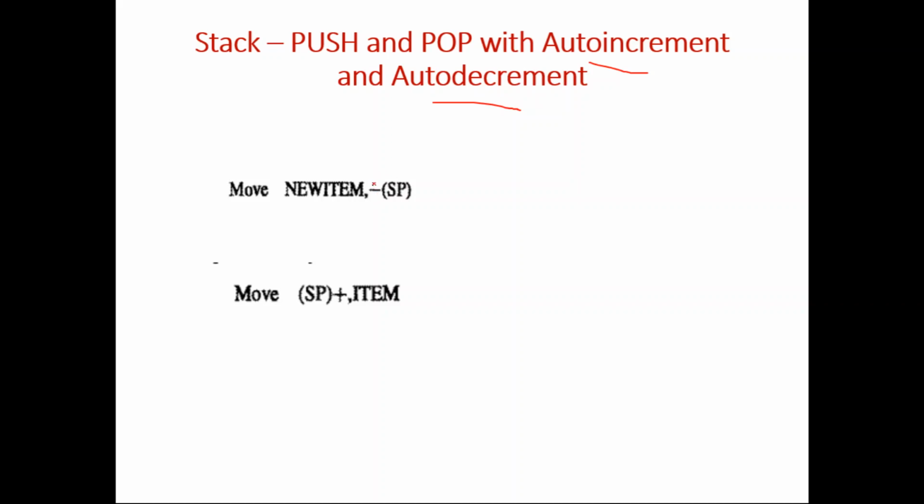Minus means pre-decrement. Before performing the operation, which is moving the content of the memory location new item to the memory location where SP points, it is preceded by a pre-decrement. It means before performing the operation, decrement.